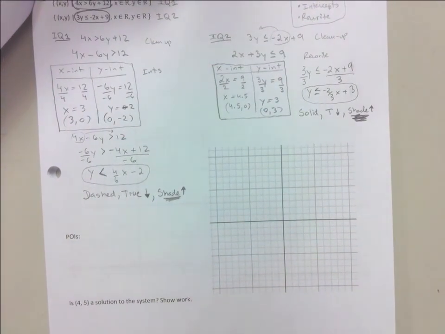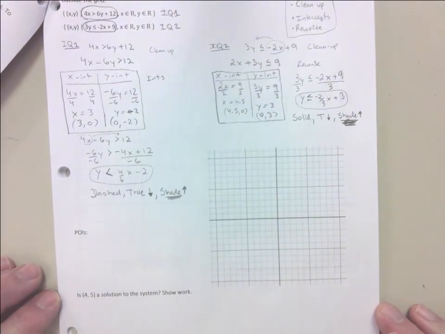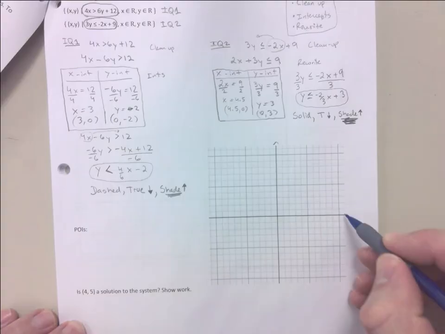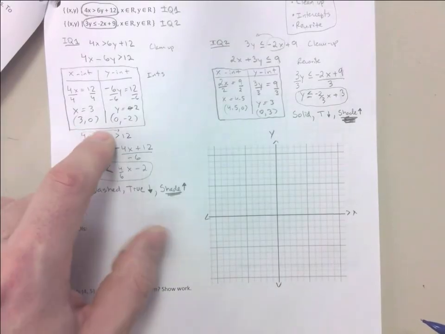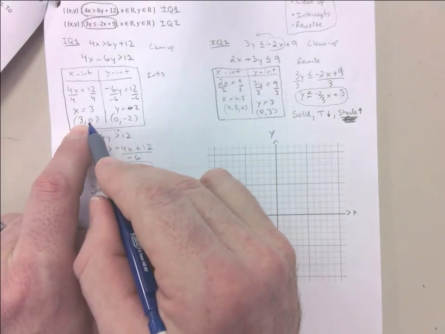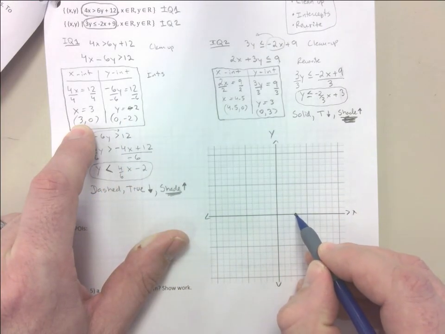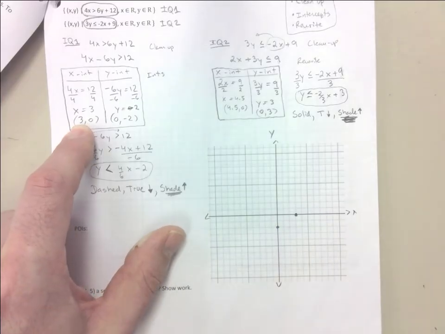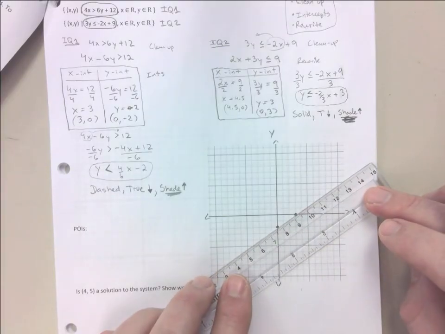I'm going to try to zoom out so we can see everything. I already gave you the grid. You do the rest, okay? Let's focus on this line first. (3, 0), (0, negative 2). It's a dashed line, okay?